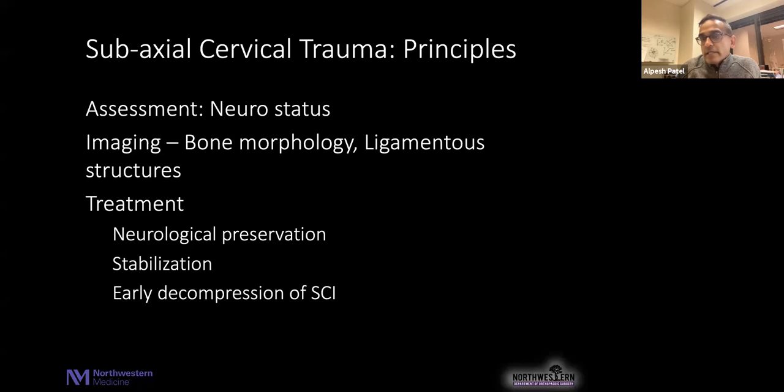Use it judiciously and with good questions in mind, not just routinely getting an MRI on everyone with neck trauma. Goals of treatment: neurological preservation, so early decompression and stabilization is sort of the mantra with most subaxial injuries that are unstable and need surgical intervention.